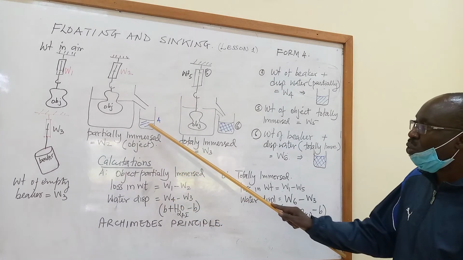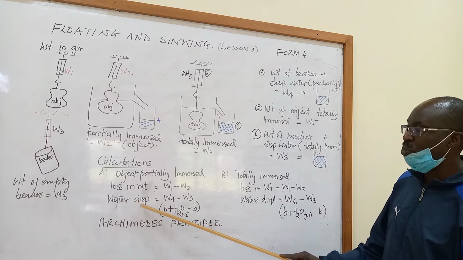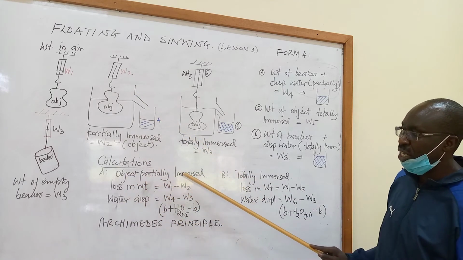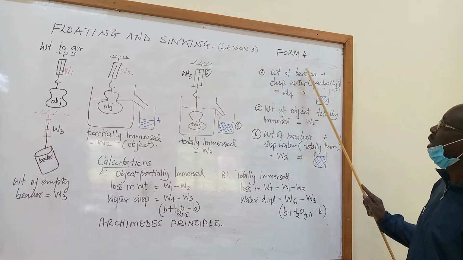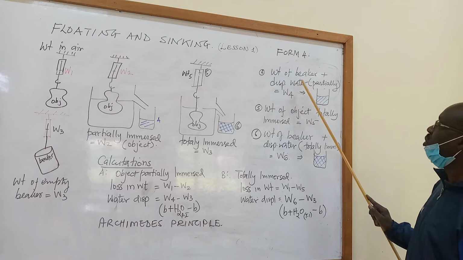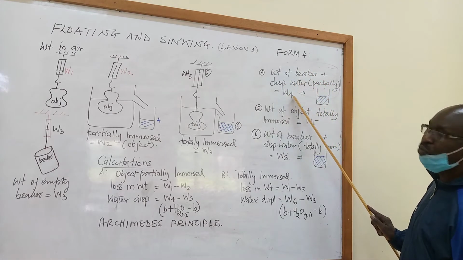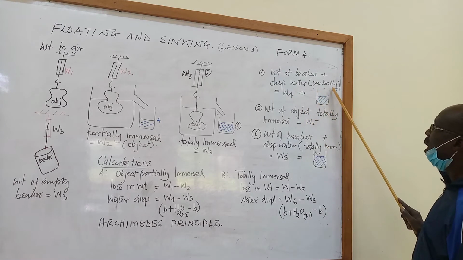If I want to know weight of water displaced under which scenario? Partially immersed. I will take weight of the beaker plus weight of water displaced, which is W4. I weigh both the beaker and the water.